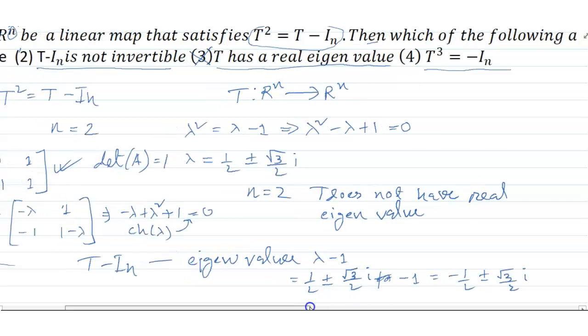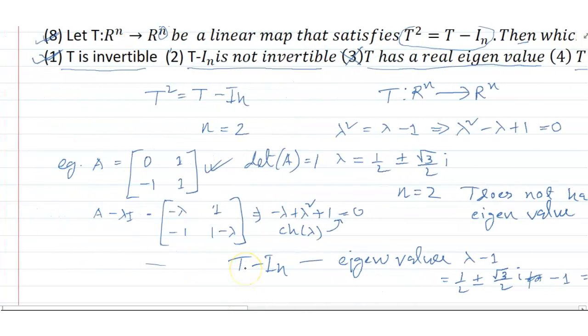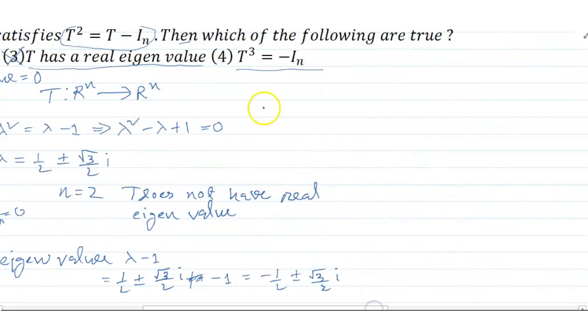So friends, we see that the eigenvalue is not 0, so T minus I is invertible. In the case of n equal to 2, and the factor number 4, T cube is equal to minus I_n.